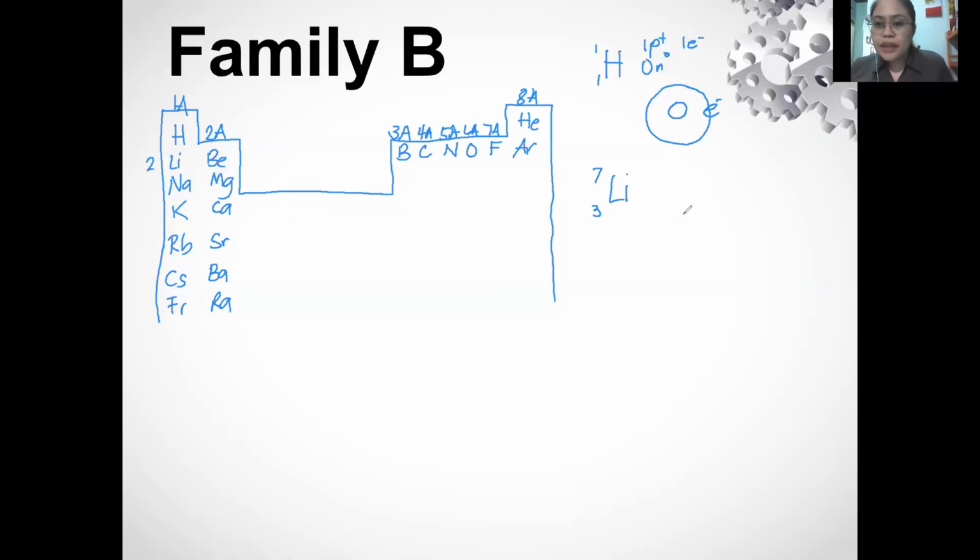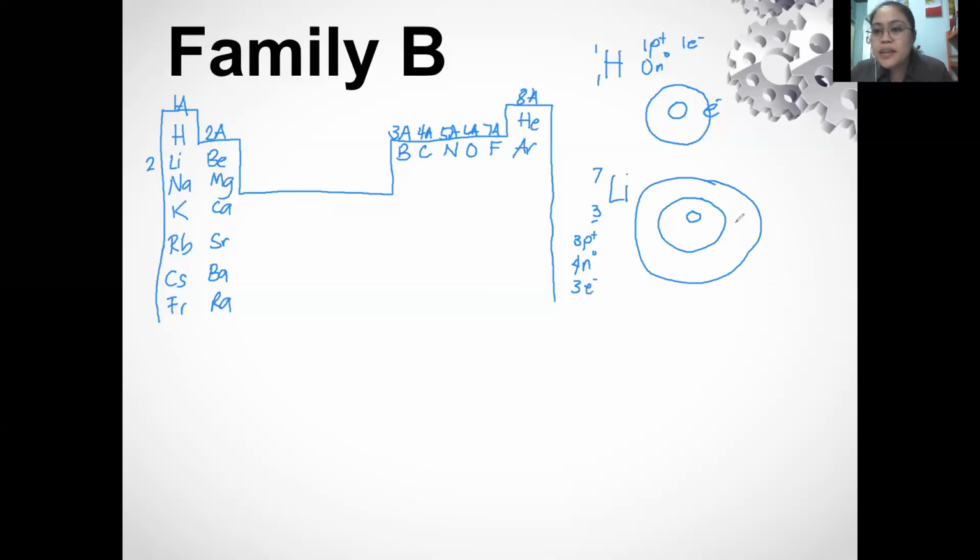So, ang meaning niyan, meron siyang nucleus, and then meron siyang dalawang energy shell. Now, let's look at the subatomic particles of our lithium. This is 3. Therefore, si lithium ay may tatlong protons. 7 minus 3, meron siyang 4 neutrons. And wala siyang charge, so automatically you have here 3 electrons.